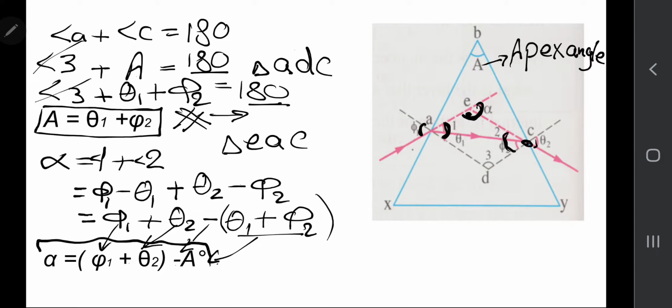This is the second law for deviation. Alpha equals the two angles outside the prism, phi 1 and theta 2, minus the apex angle. Note that the apex angle A equals the two angles inside the prism, and the angle of deviation equals the two angles outside the prism minus the apex angle.